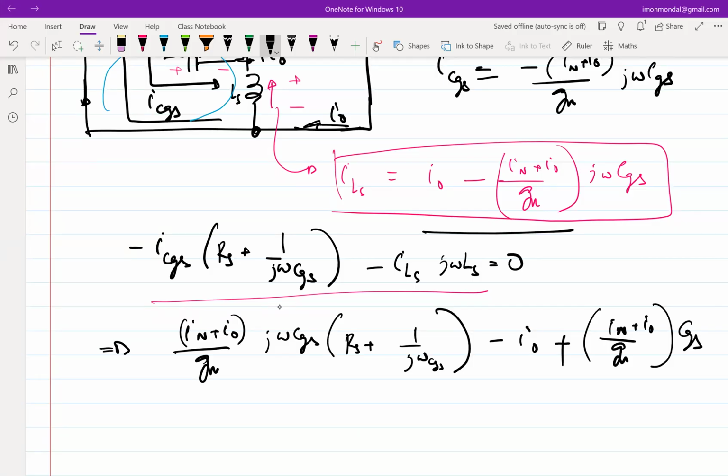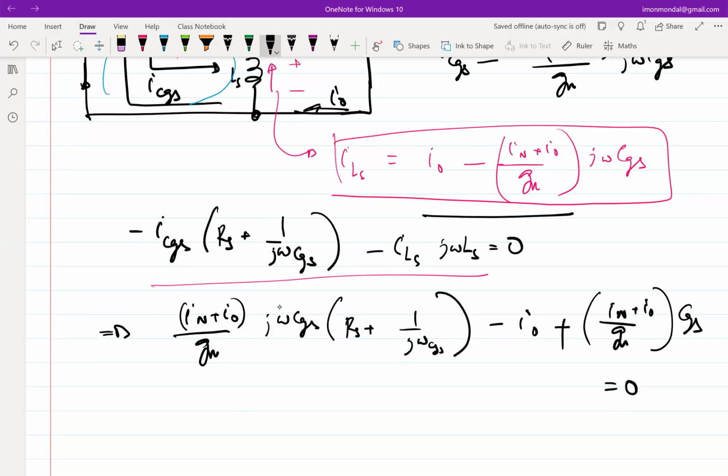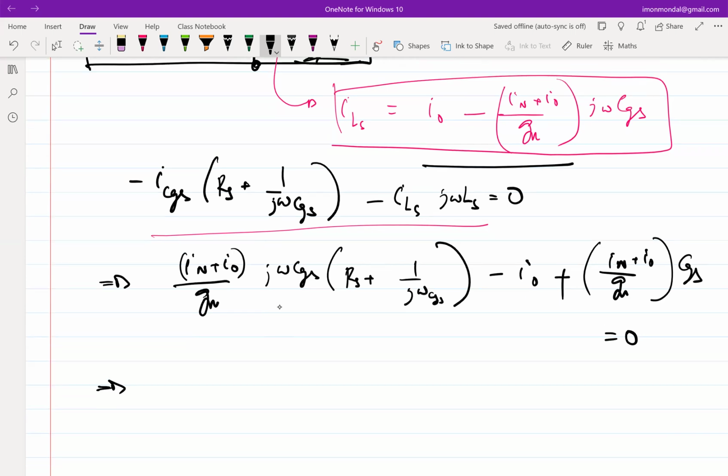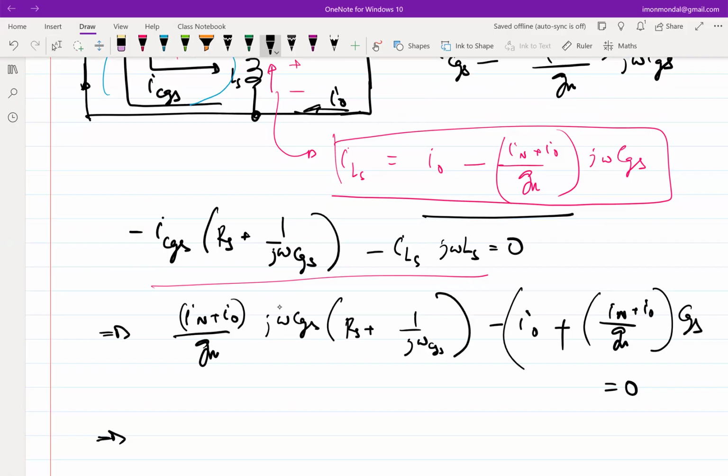Correct? So this is equal to 0. So now times J omega LS, right? So I'm doing times J omega LS is equal to 0.